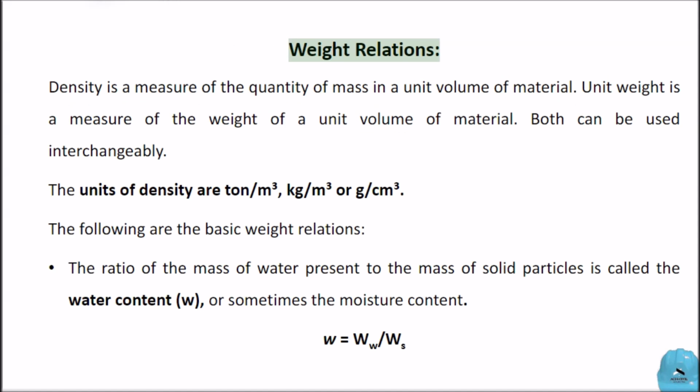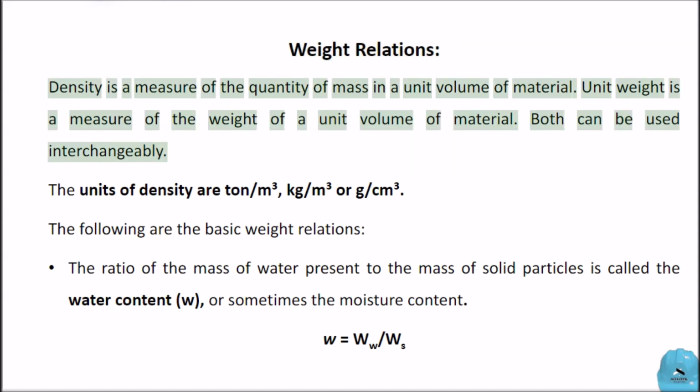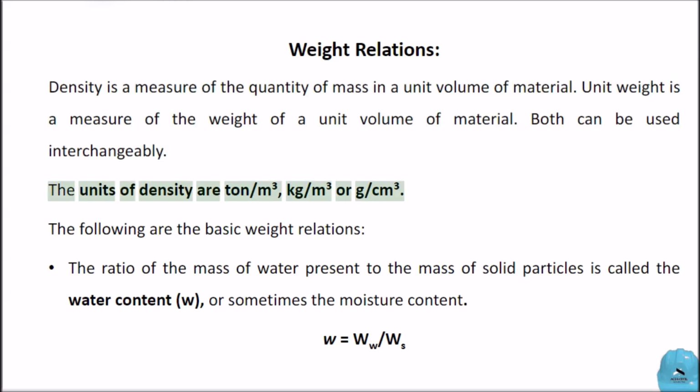Weight relations. Density is a measure of the quantity of mass in a unit volume of material. Unit weight is a measure of the weight of a unit volume of material. Both can be used interchangeably. The units of density are ton per cubic meter, kg per cubic meter, or g per cubic centimeter.